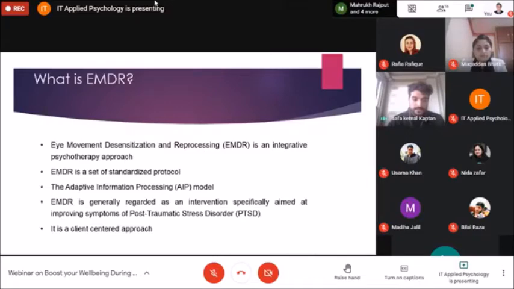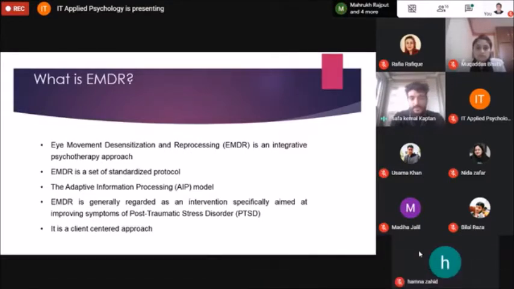EMDR has a standard 8-step protocol, and this protocol combines different elements from different treatment approaches. EMDR works on the principles of the adaptive information processing model, which I will talk about shortly. But this is the theory and the background which EMDR is based on.